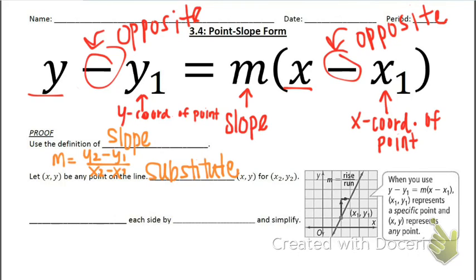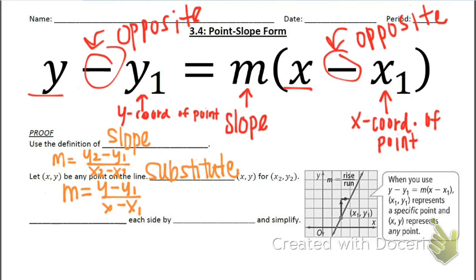So instead of y2 minus y1, we're going to have m equals y minus y1 over x minus x1. So we just substituted x and y in here for the x2, y2. And that is what generalizes this whole thing. So instead of picking a specific point, we're saying just in general.